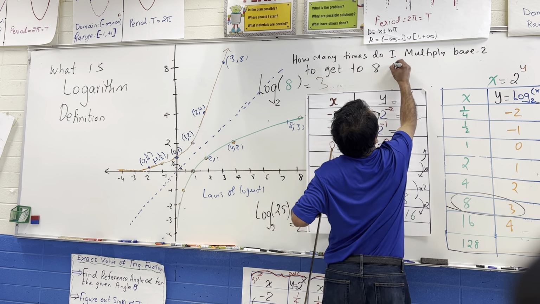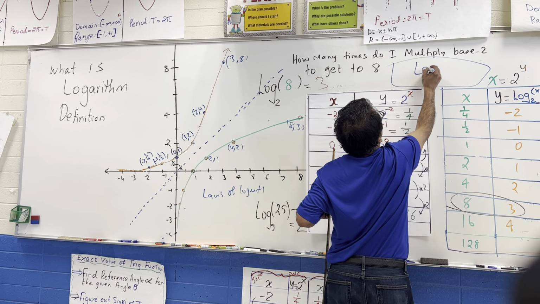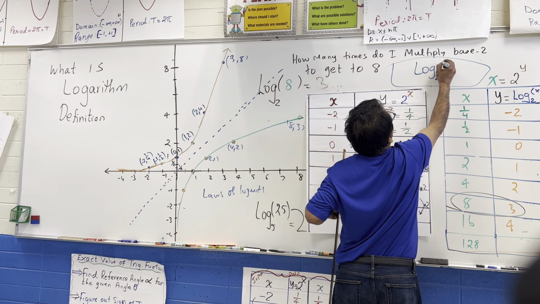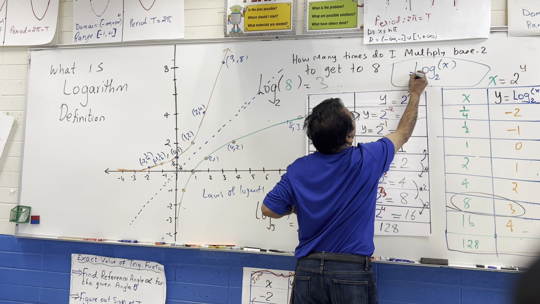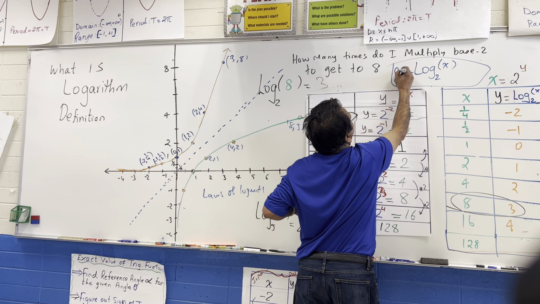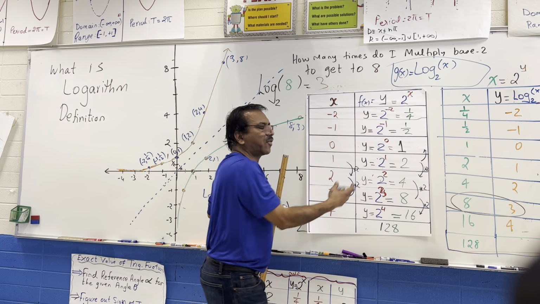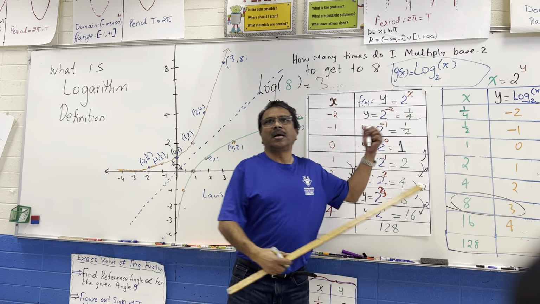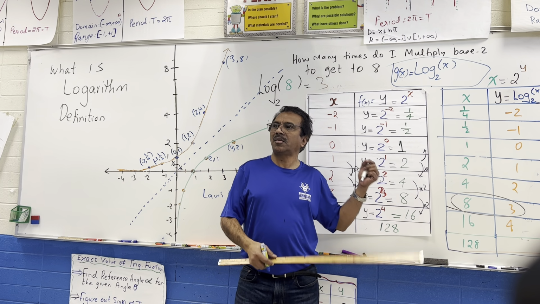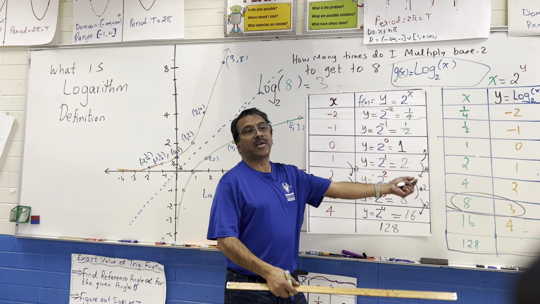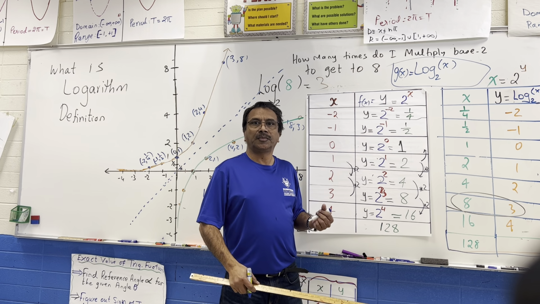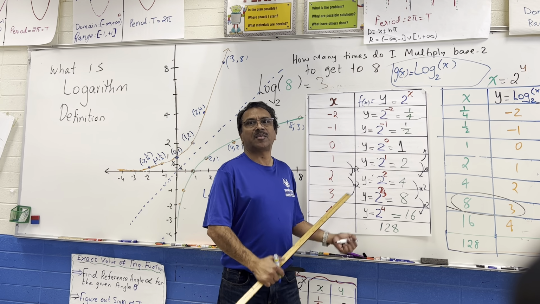So the logarithm base 2 of x, I can call g(x). The original is f(x), and going back is also called the inverse, which means you undo whatever you did for exponential.